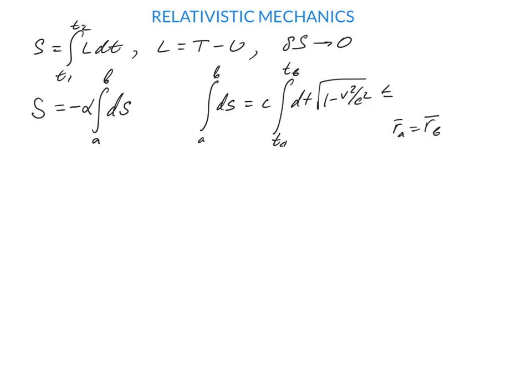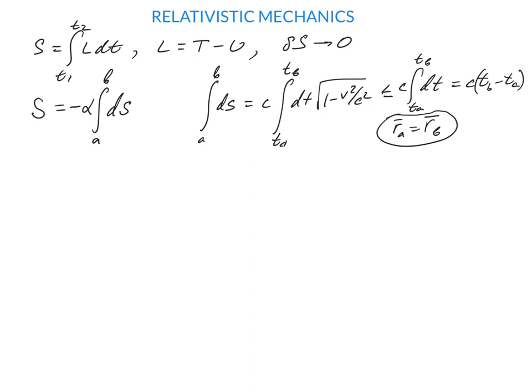Then it's easy to see that the integral will be maximal when the particle is at rest in that reference frame. In that case, we have the integral of dt from ta to tb, and the square root turns to 1. So if the particle is at rest, we simply get c times (tb minus ta) in the reference frame where r_a equals r_b. If the particle is moving, the integral will take a lesser value.